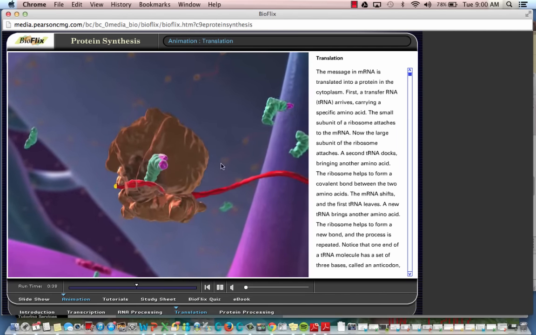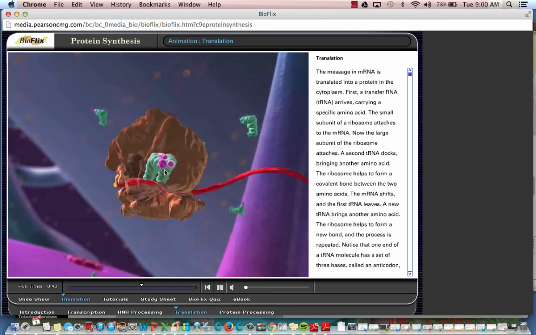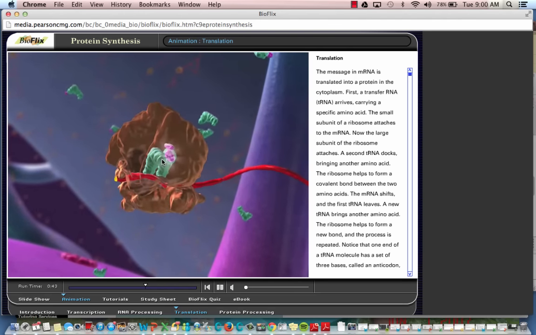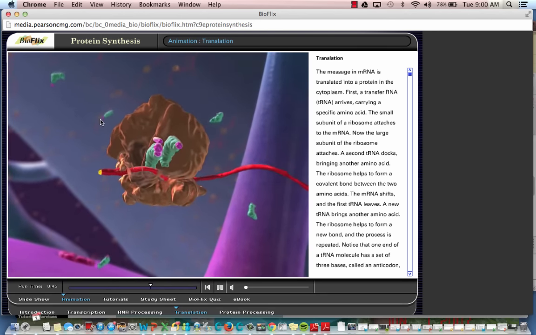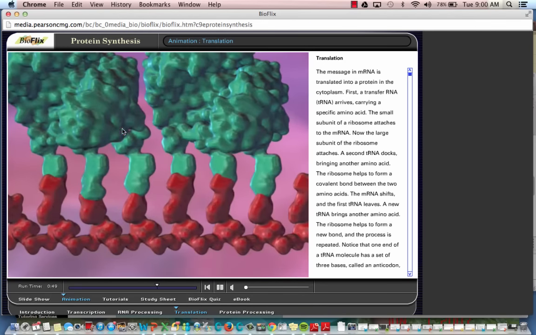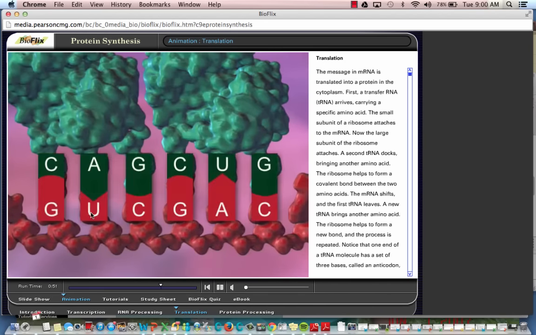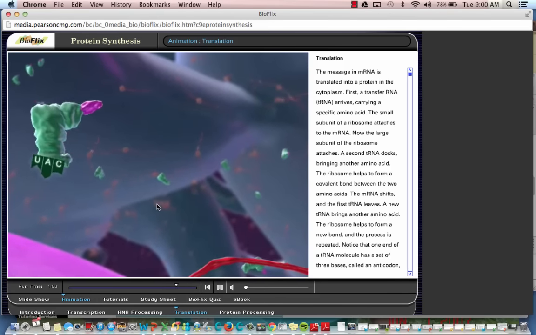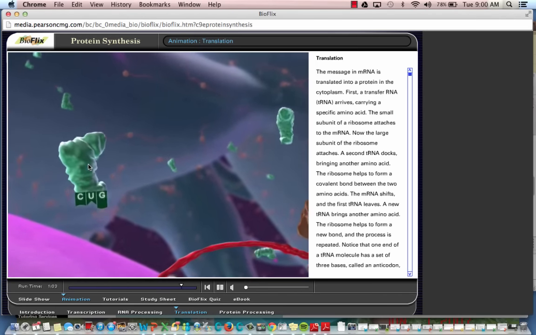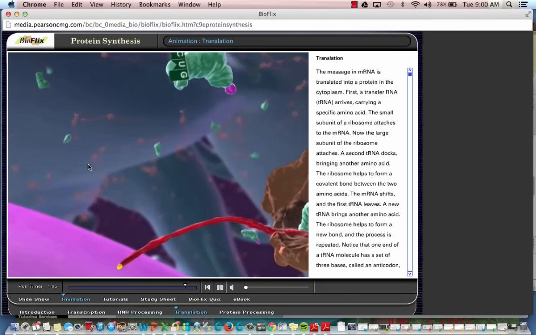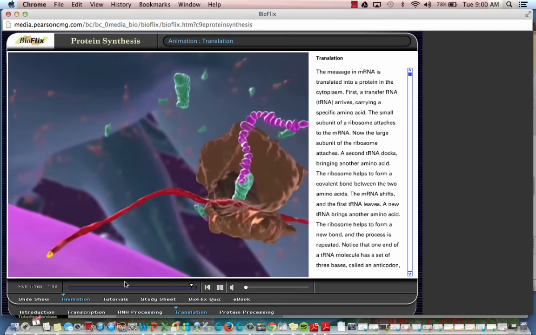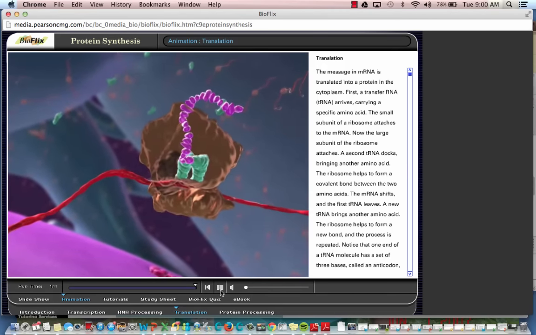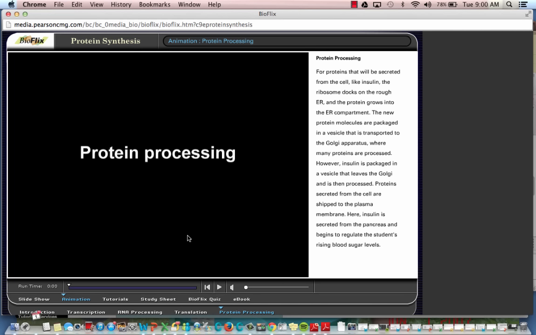Now the next tRNA with the appropriate amino acid is going to be added. They're going to shift here by forming a bond with the growing amino acid chain. tRNA is lost. The next one comes in. Here's just showing you where the anticodon is of the tRNA and then the codon of the messenger RNA. And so that's how it specifies which amino acid to bring into the growing chain. It doesn't show it, but at some point it hits that stop codon and it falls apart.